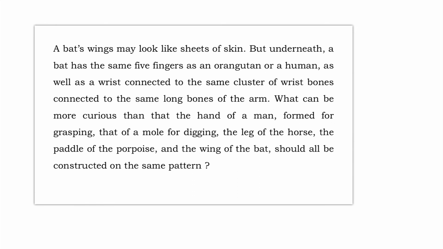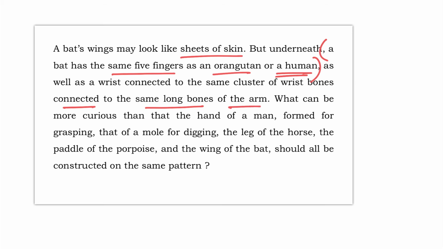A bat's wing may look like a sheet of skin, but underneath a bat has the same 5 fingers as an orangutan or a human. This will be a very crucial statement, my dear friends. It also has a wrist connected to the same cluster of wrist bones connected to the same long bones of the arm.